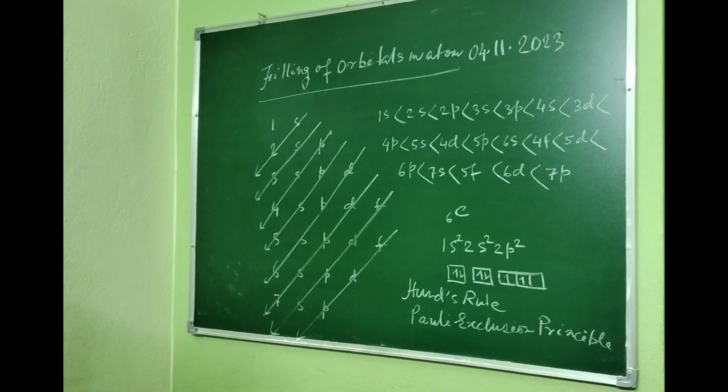What is the Pauli exclusion principle? The number of electrons to be filled in various orbitals is restricted by the exclusion principle given by the Austrian scientist Pauli in 1925. According to this principle, no two electrons in an atom can have the same set of 4 quantum numbers.